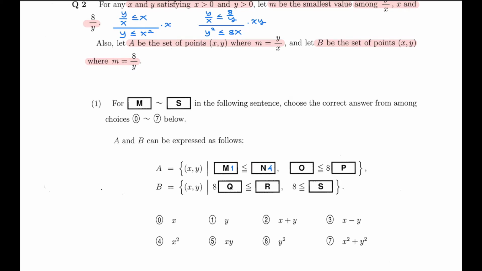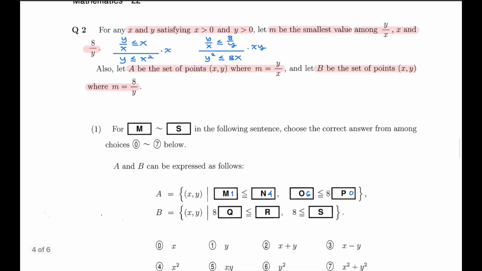O is y squared, which is number 6, and P is x, which is number 0. This is the set A.